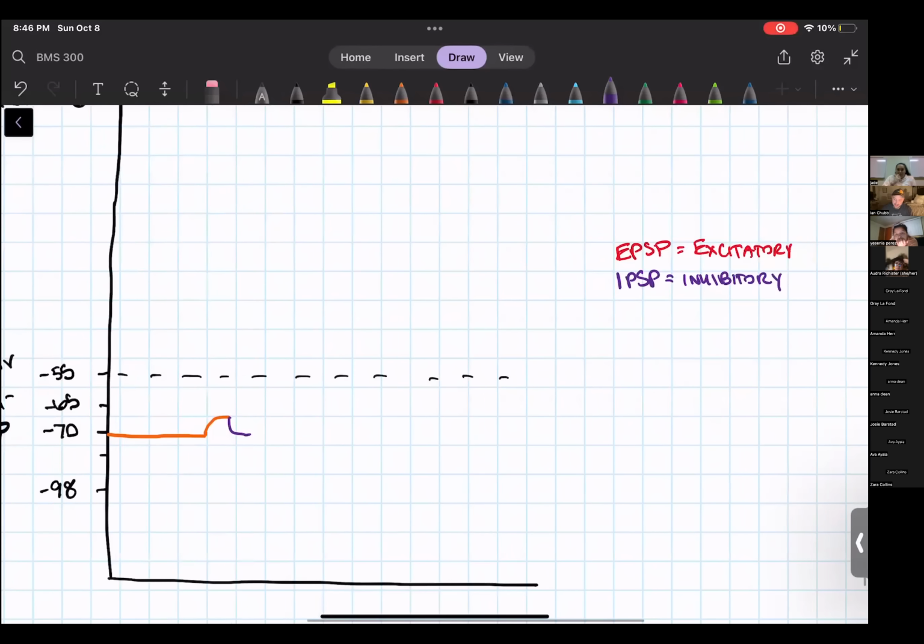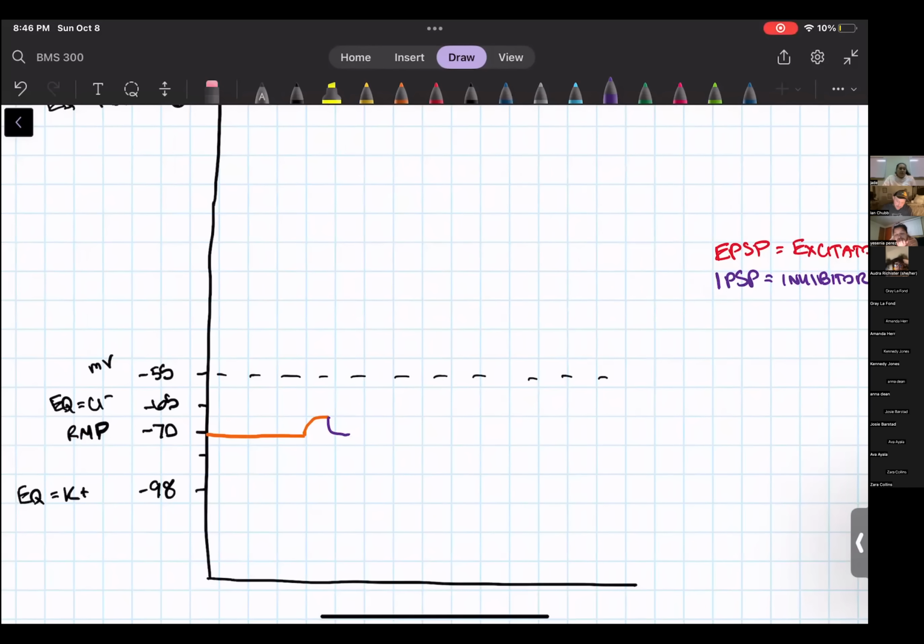This would be due to chloride coming in, right? But if we have a few of these, we would stay at chloride's negative. So if we have some IPSPs coming in and it's -65 and threshold is -55, we can't have an action potential.